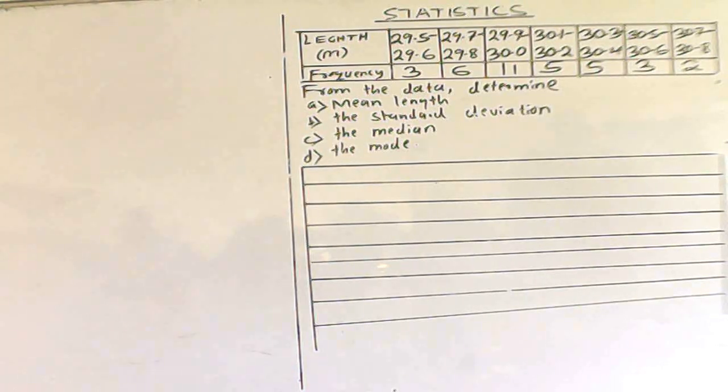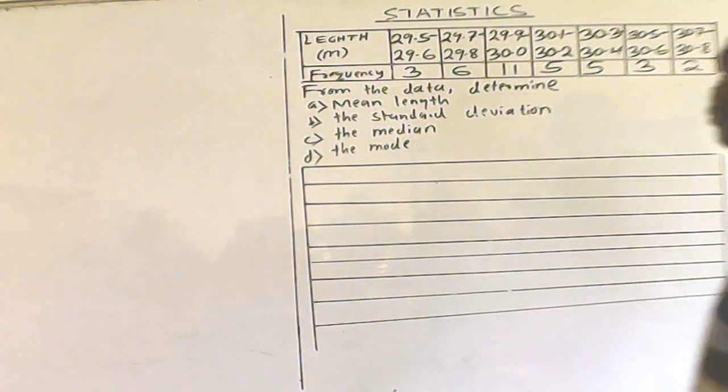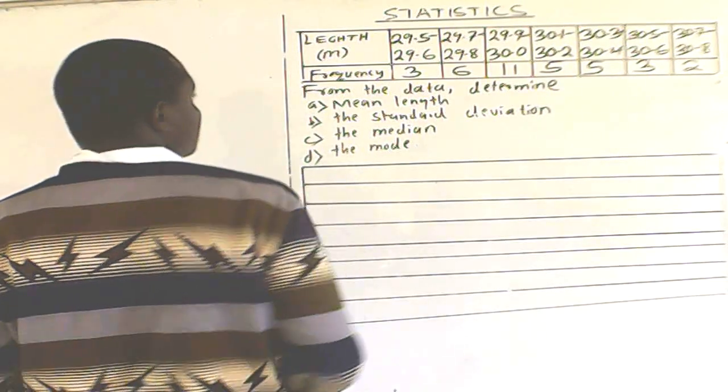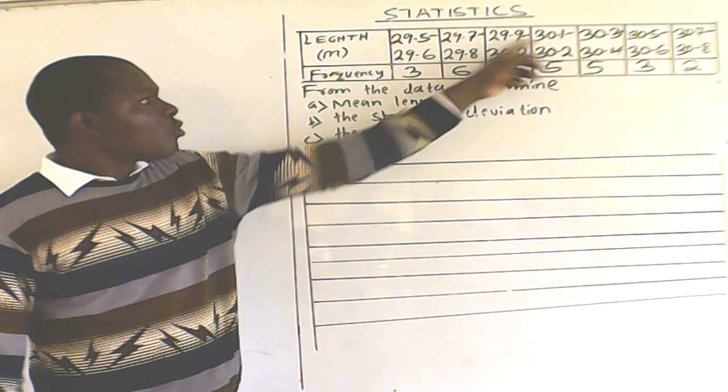So in this case, you've been told the lengths of metallic conduits in a shop were measured and recorded in this frequency distribution table. So we have the length in meters grouped into classes.